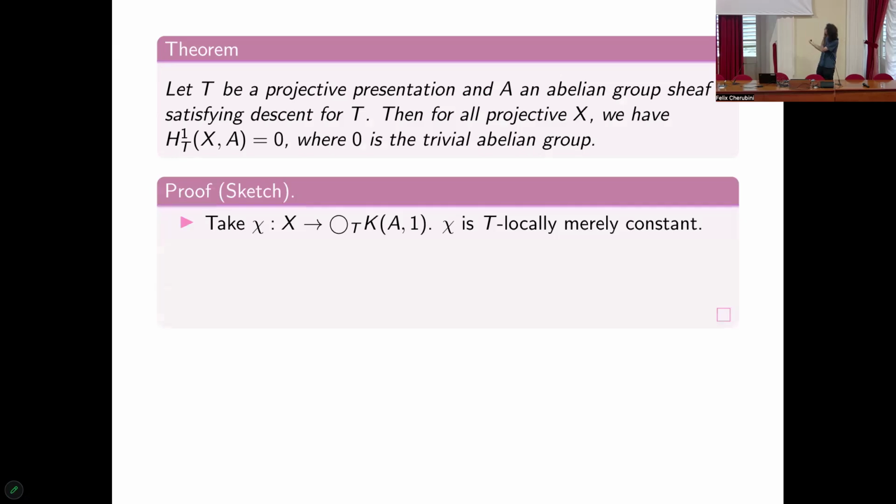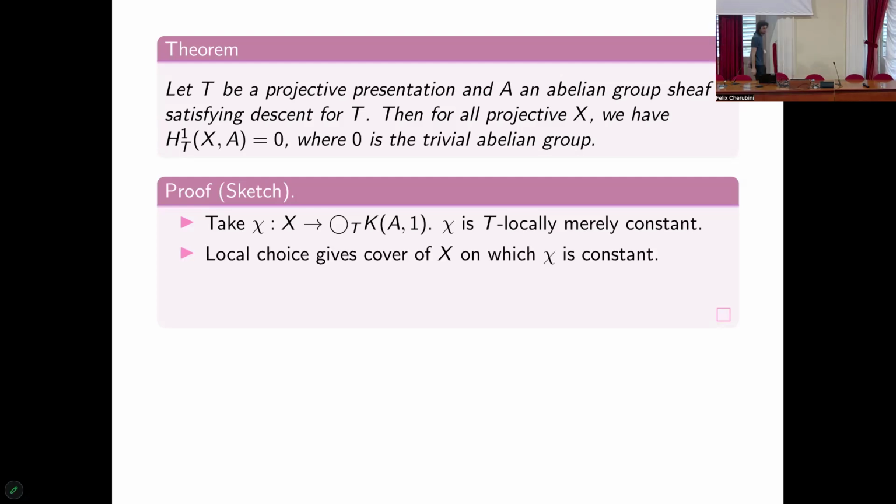Take any cohomology class, and by definition of the Eilenberg-MacLane spaces, this is always going to be a constant map, merely pointwise. But actually, we have this local choice, so we have a cover of X for which this map really is constant.